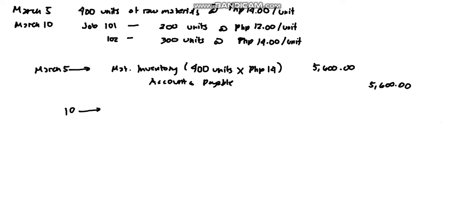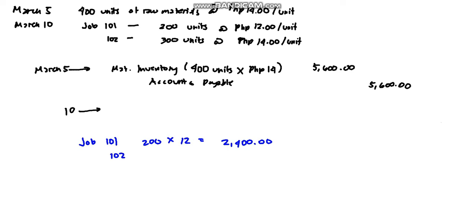On March 10, so how do we compute for that one? Okay, let's use the blue one. So for job 101, that's 200 multiplied by 12 pesos, so that's 2,400.